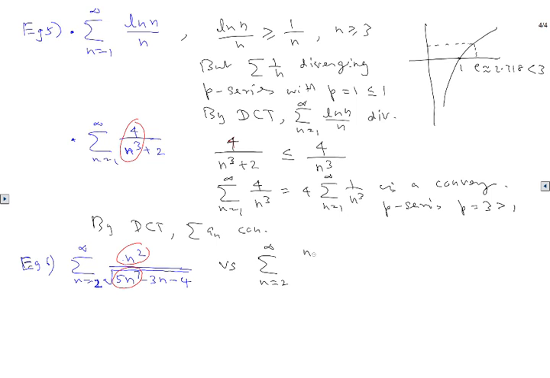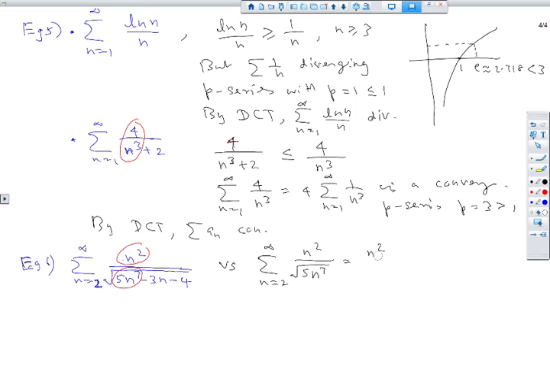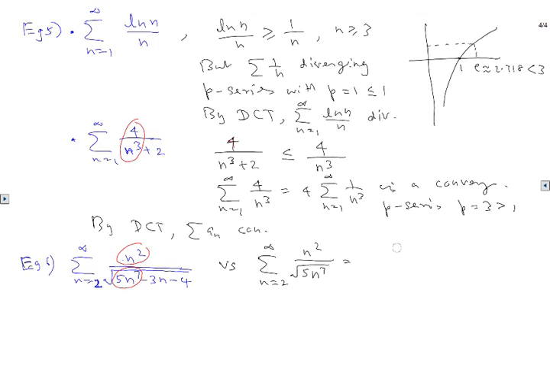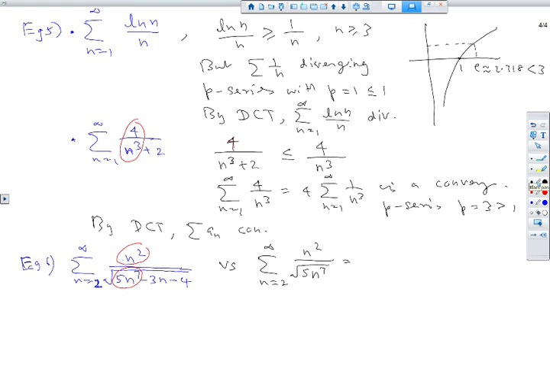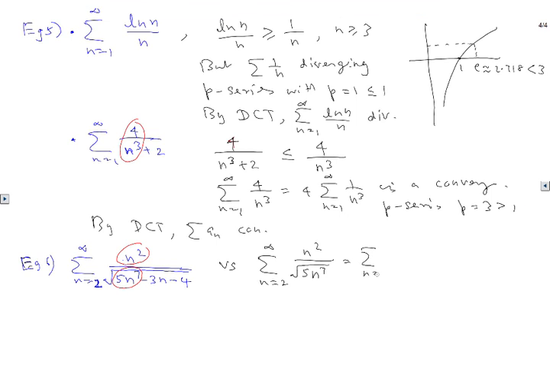That means n squared from the numerator, and from the bottom the square root of 5n to the 7. If you simplify this, you're going to get n squared over square root 5 times the square root of n to the 7.